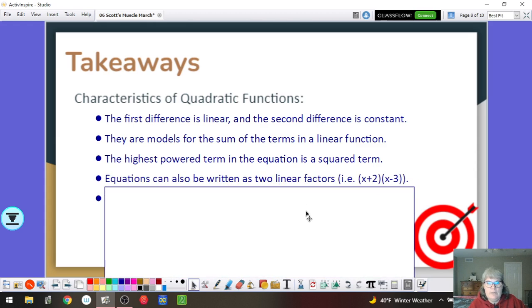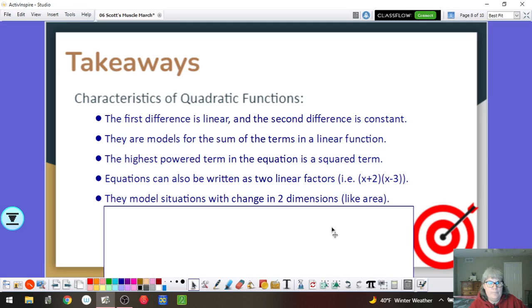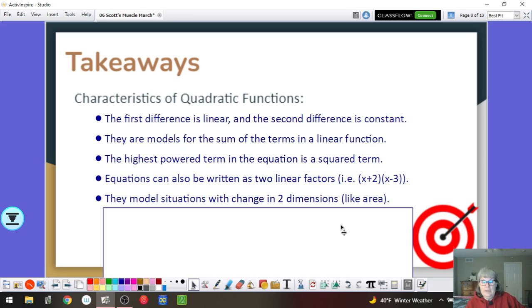Equations can also be written as two factors, such as x plus 2 times x minus 3, or like we had n times n plus 2. Those are two linear factors. And they model situations with change in two dimensions, like area. So in our sum of our numbers, we kept adding to the width of our rectangle, but we also added to the height.